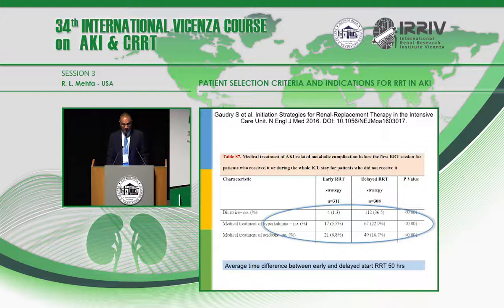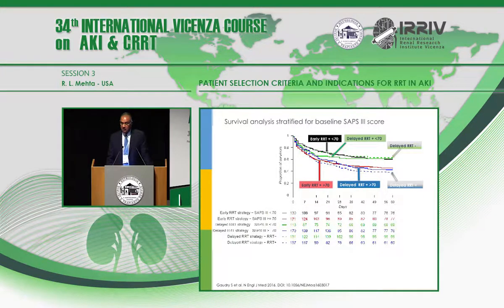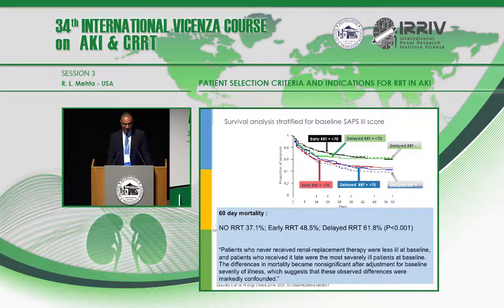And you can see here they manage the complications with diuretics, treatment of hyperkalemia and acidosis, and there was a significantly increased utilization of those therapies. But what is more important is, what is the consequence of that waiting time? That consequence is manifest in this Kaplan-Meier curve, but is probably better illustrated here. The 60-day mortality in those patients who did not eventually get dialysis was about 37.